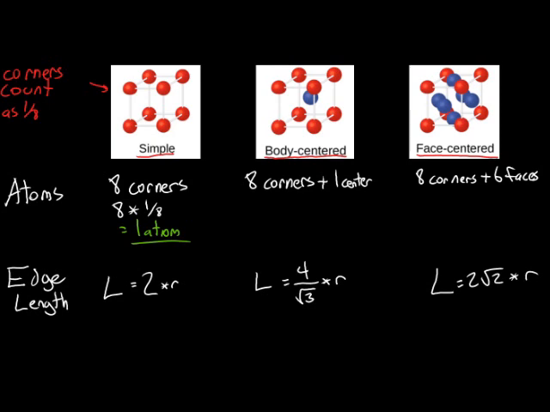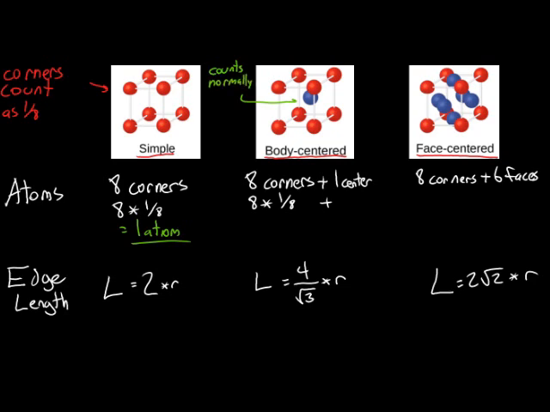it looks like 8. If we look at a body-centered cubic, notice there is a red atom on each corner and a blue atom in the middle. We already know that the corners count for 1/8, and we'll take 8 times 1/8 for that. The one in the center counts normally.